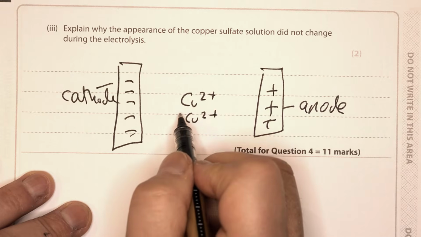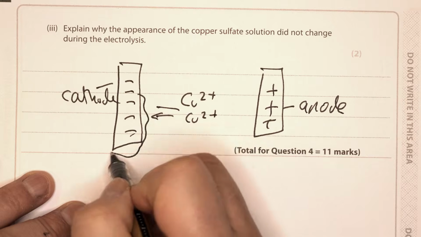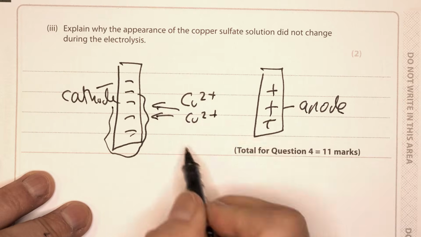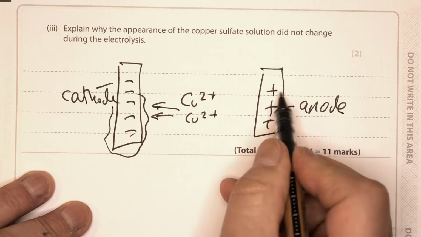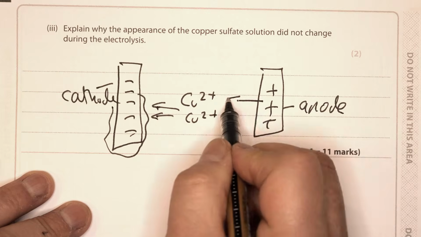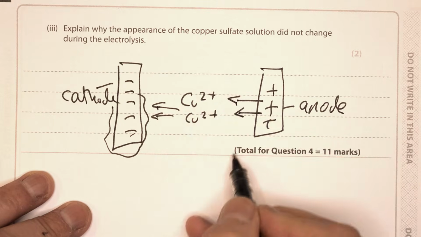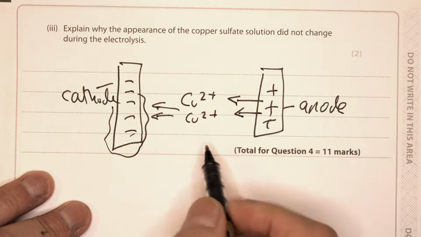And we've already said the copper ions move across here where they turn into copper atoms. So they're leaving the solution. But at the anode, some of that copper is turning into copper ions, and they're entering the solution. So the number of copper ions in the solution is staying the same.